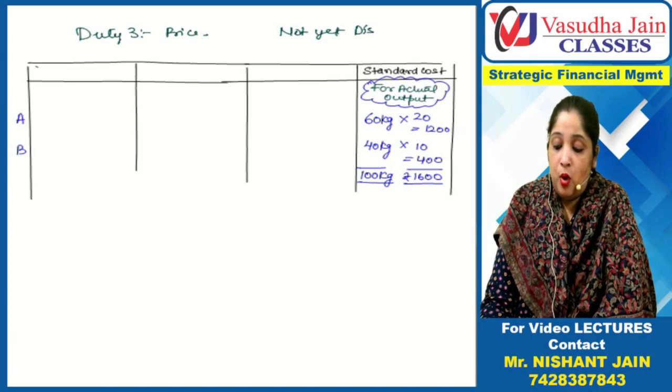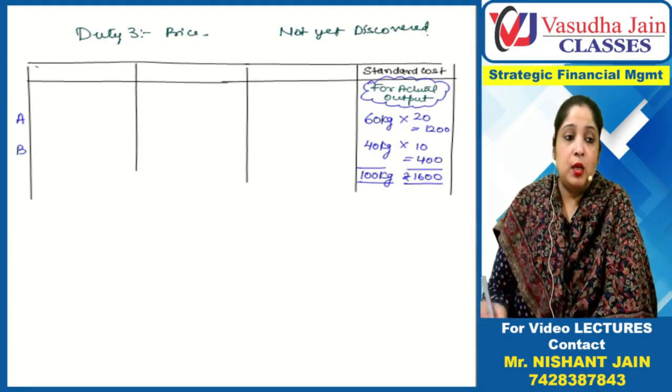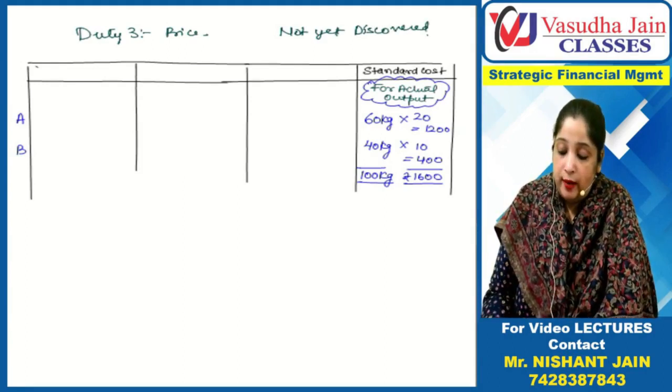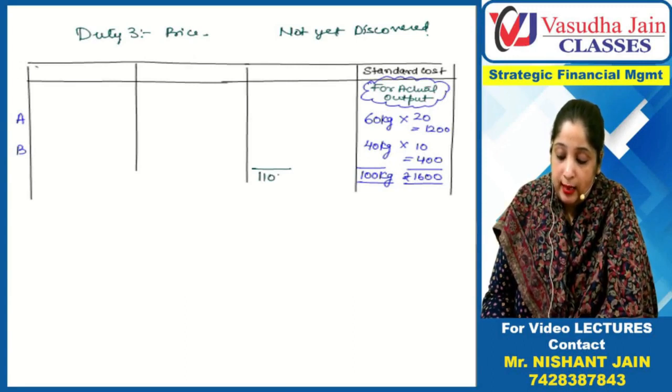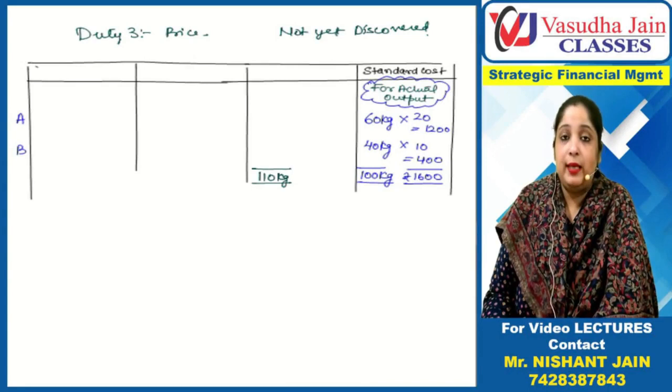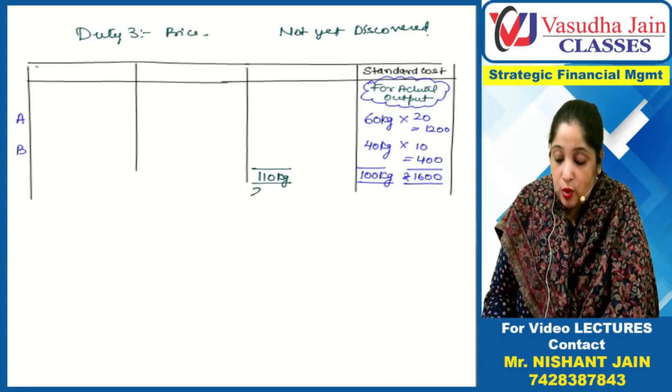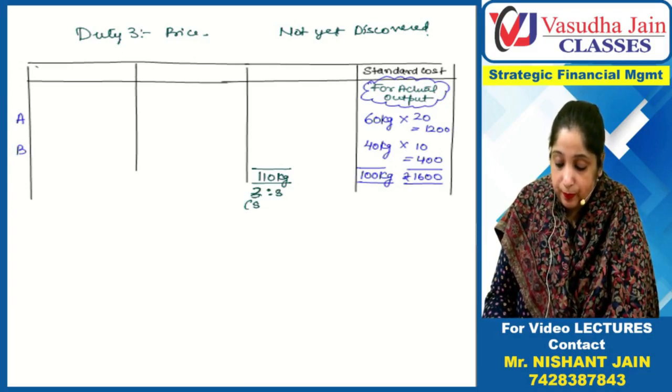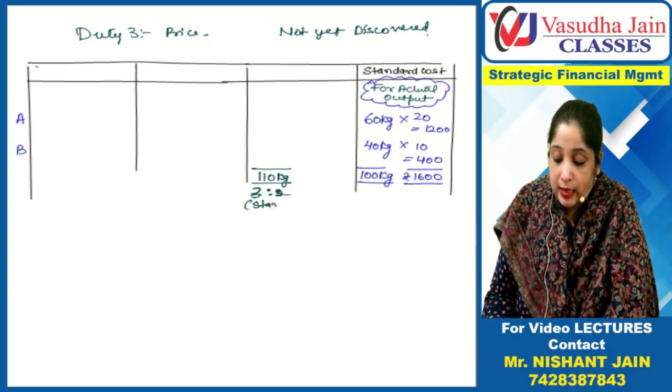I just only know that he has used raw material instead of 100 kg, he has used 110 kg. I still don't know whether he has changed the proportion or not. So I'm assuming the standard proportion, 3:2.